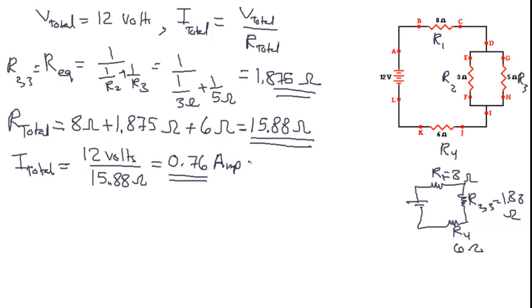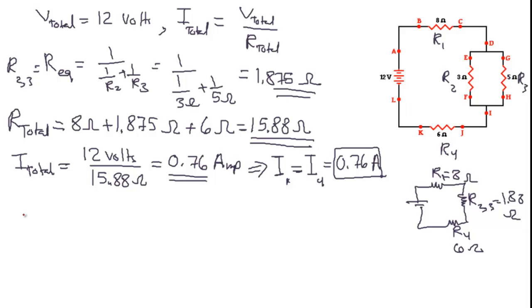So by finding I total, we were able to find also the current that goes through the 8 ohm resistor R1, and the current that goes through R4, the 6 ohm resistor, which will be equal to I total, which is 0.76 amps. So that's the current that goes through the 8 ohm resistor and the 6 ohm resistor.